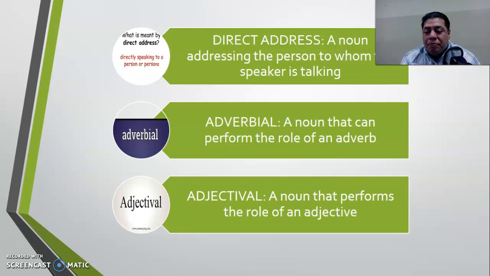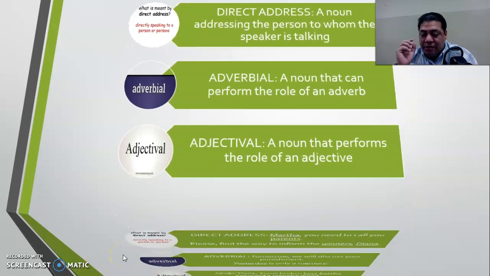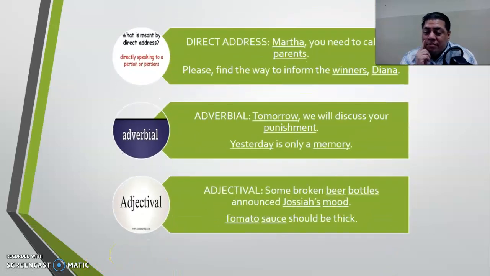Now, this time I have gotten some examples in the presentation, so we're going to be looking at them in a minute. Here we go. We have a direct address. You have two examples. Martha, you need to call your parents.